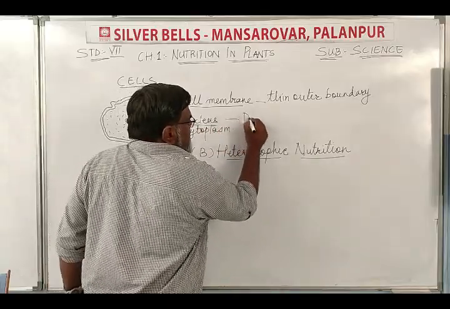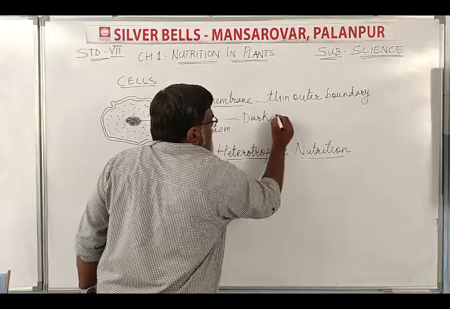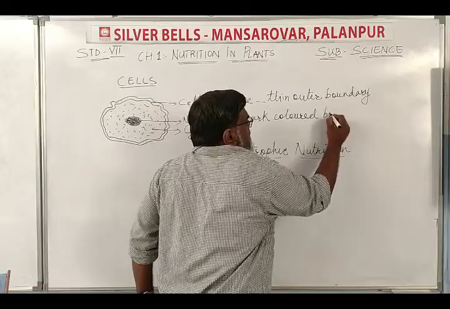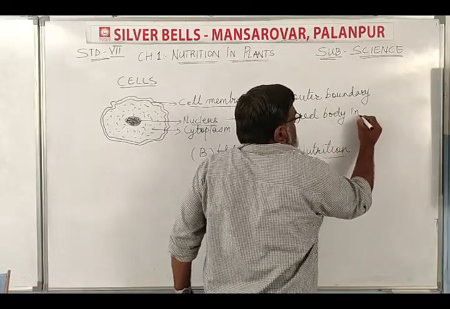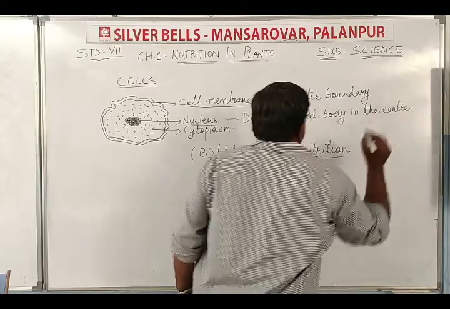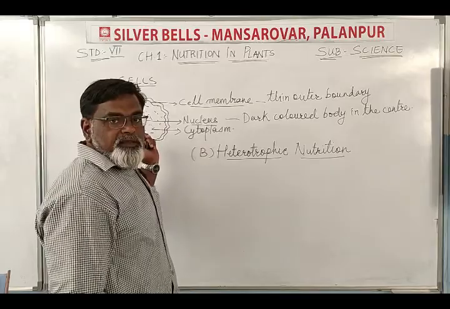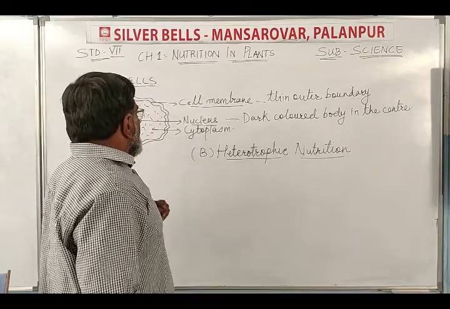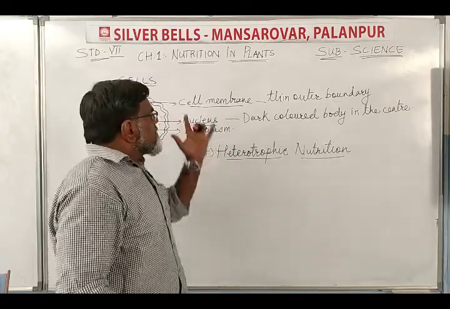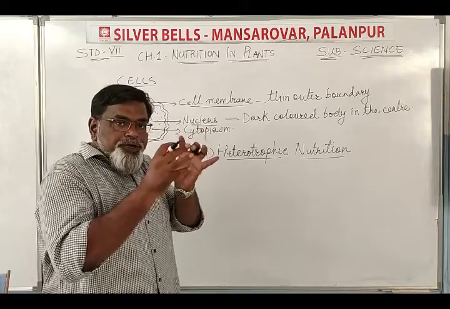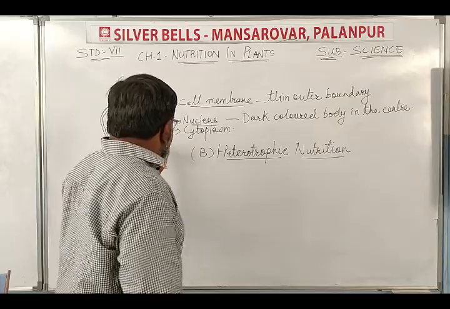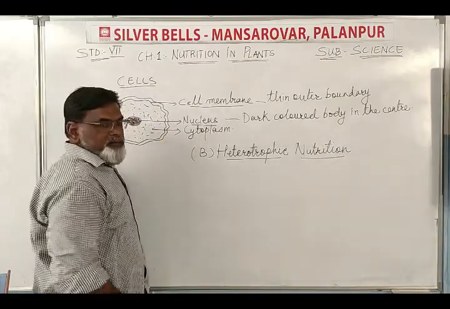A dark colored body in the center. इसको क्या बोलते हैं? न्यूक्लियस. ओके, बीच में न्यूक्लियस रहता है, उसके आउटर बाउंड्री जो है सेल मेम्ब्रेन है। अब वो न्यूक्लियस को संभालने के लिए बीच में एक जेली टाइप सब्सटेंस होता है, that is called as साइटोप्लाज्म.